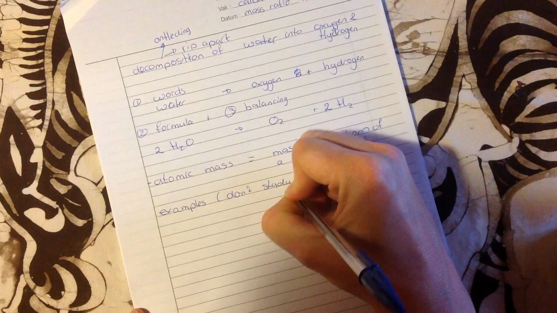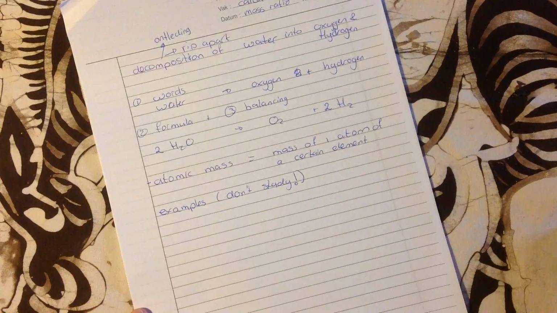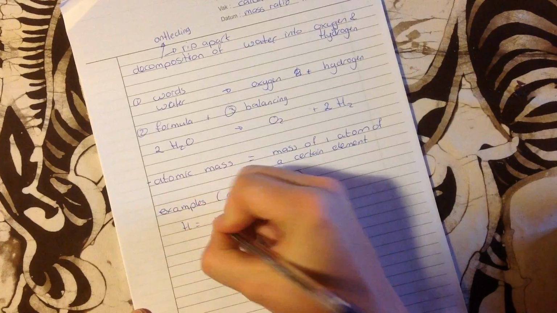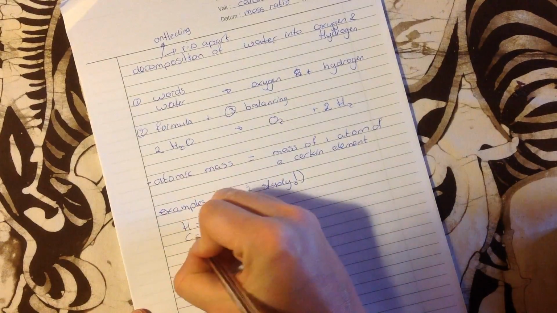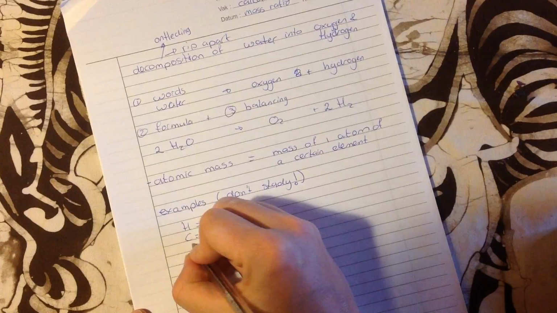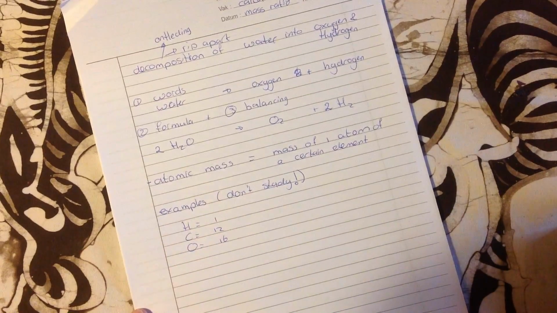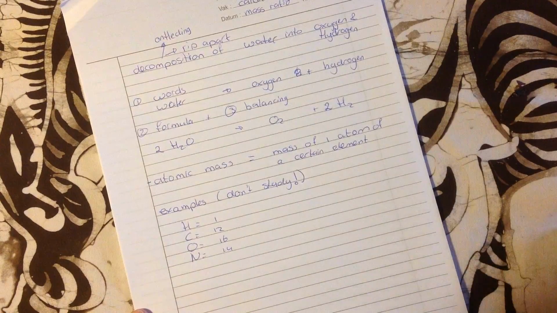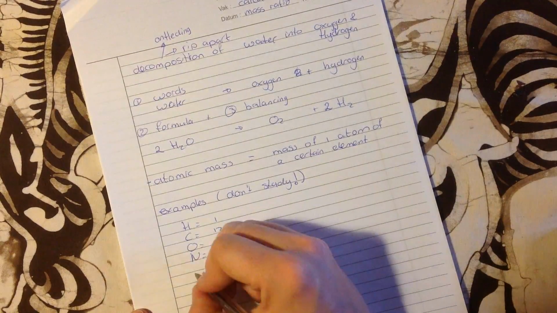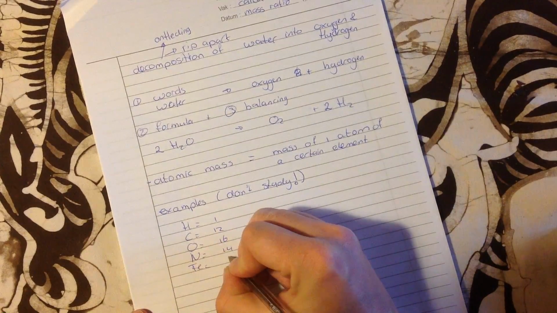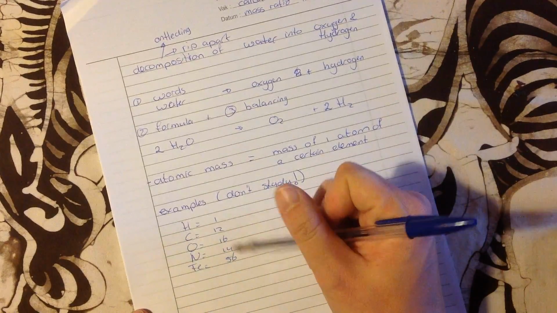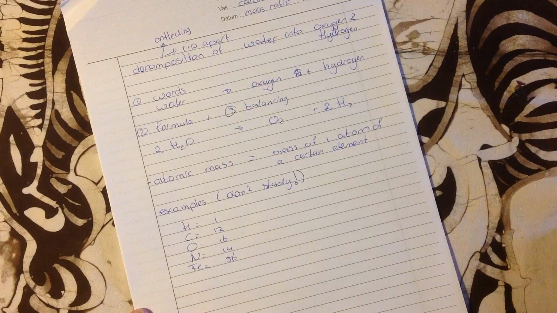Please don't. If you need them, you will get them on a test. But hydrogen, for example, is always 1. Carbon is always 12. Oxygen is always 16. Nitrogen is always 14. And I can continue and continue, like iron is always 56, for example. So those are always the same.